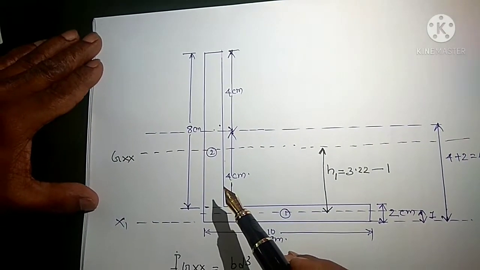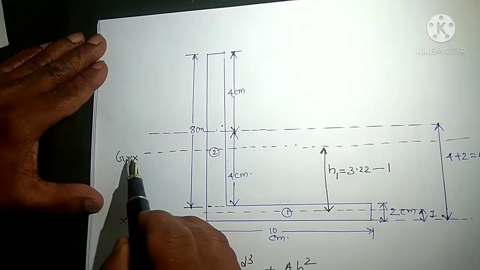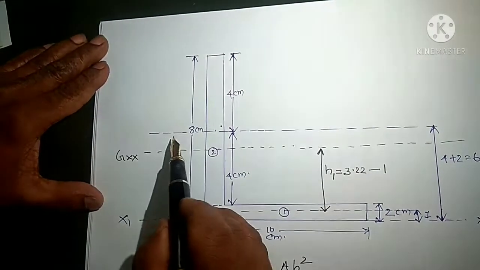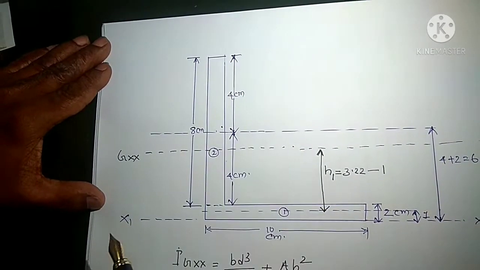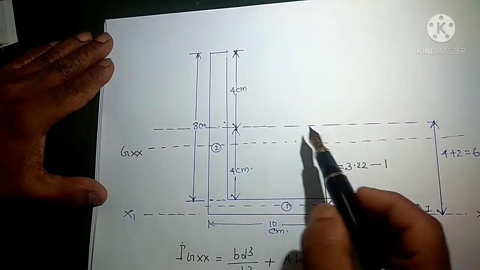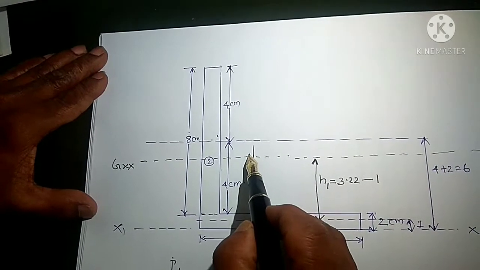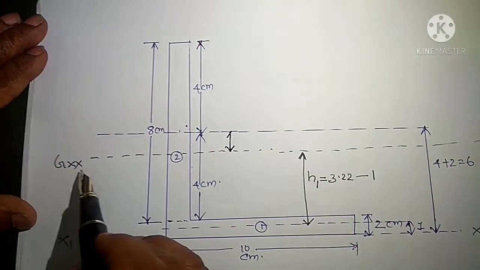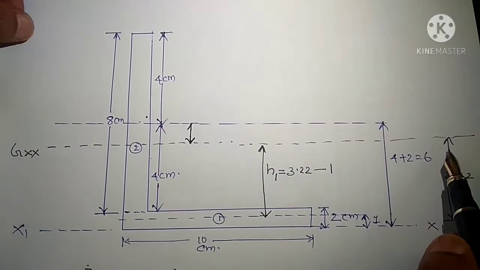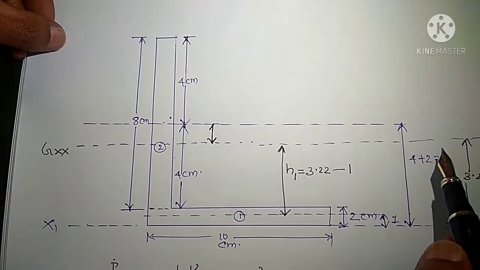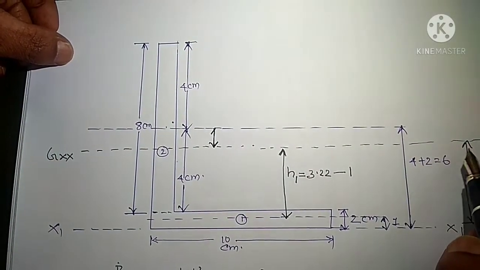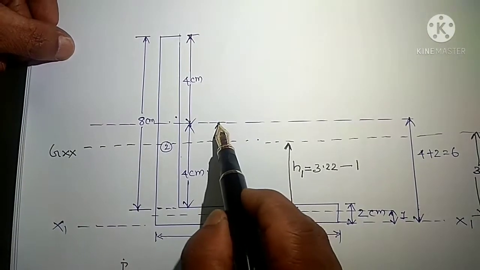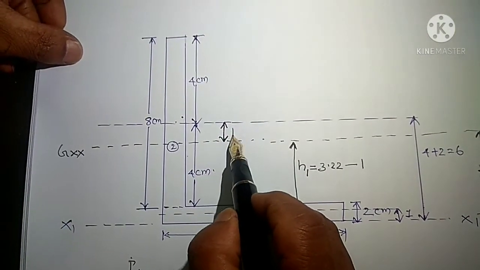What is that h? h is the distance between the reference axis we are considering and the horizontal centroidal axis of that component.